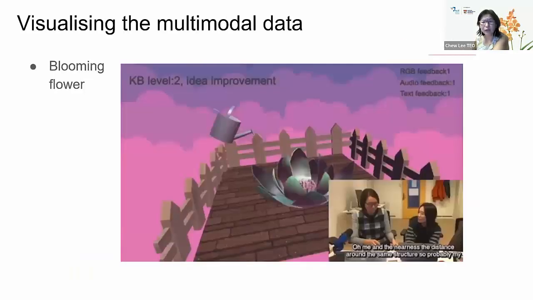And so the final one, we have a mock-up of how we want to put together students' multimodal data along with their level of knowledge building. But this, I think, has yet to be achieved. This is just a mock-up to show us how finally we can visualize it.